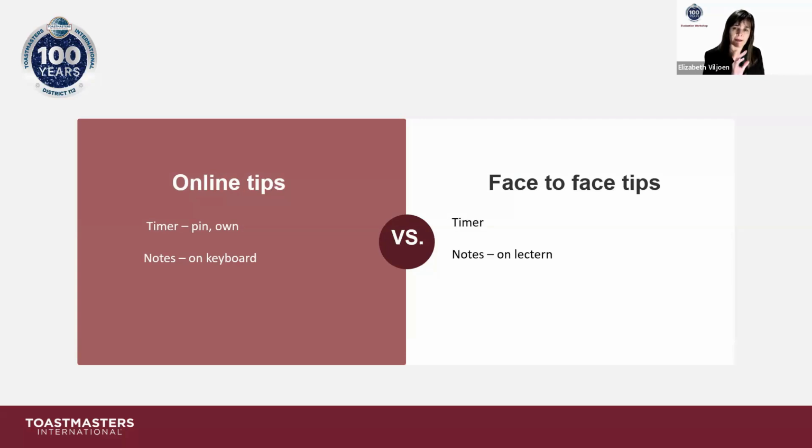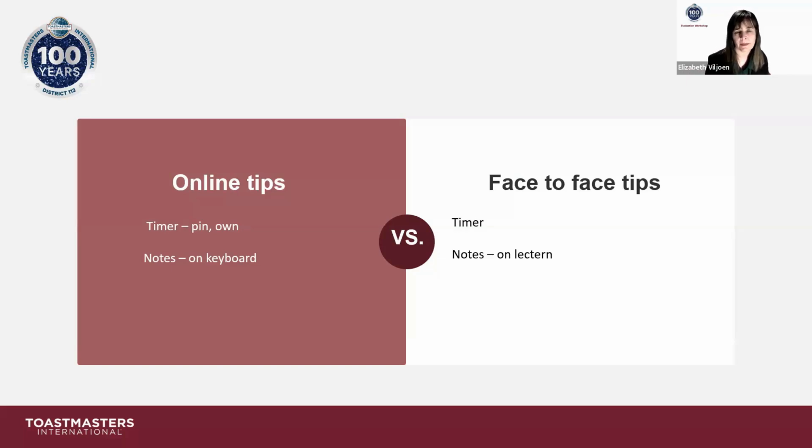But also remind them in the room when they have face-to-face evaluations to know exactly where the timekeeper is and to keep their eye on it. An inexperienced speaker will often forget to look at the timekeeper. So that's a trick you can tell them beforehand, remember about that.